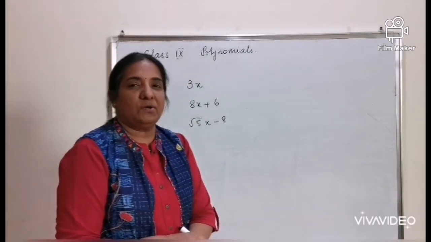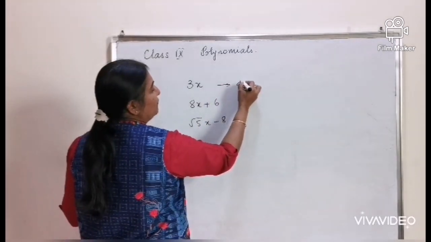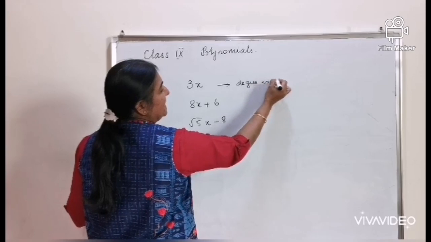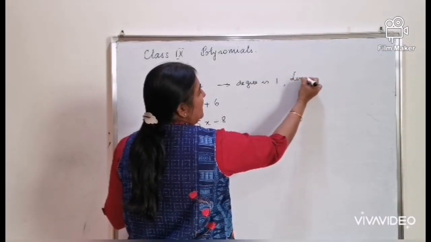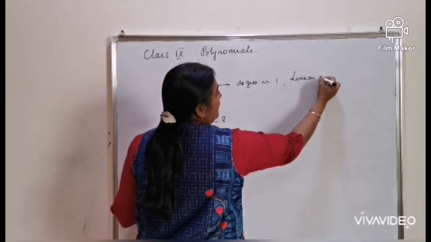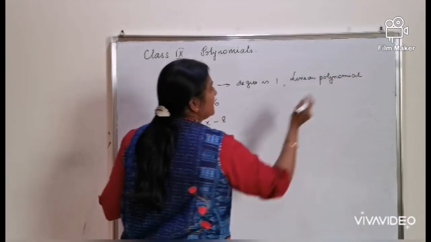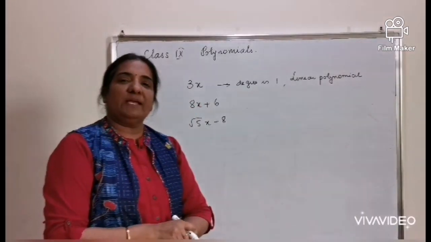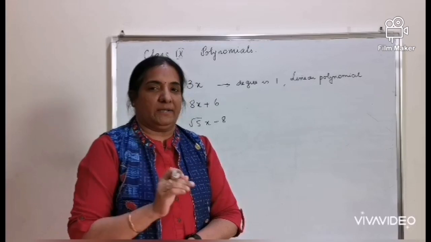What do you call these polynomials? If the degree of the polynomial is 1, such polynomials are called linear polynomials. That is, a linear polynomial is a polynomial of degree 1.